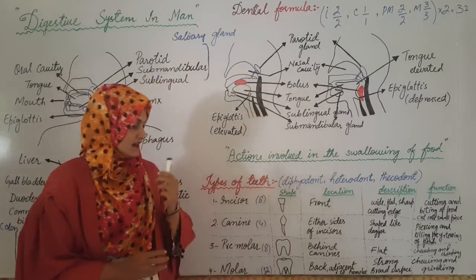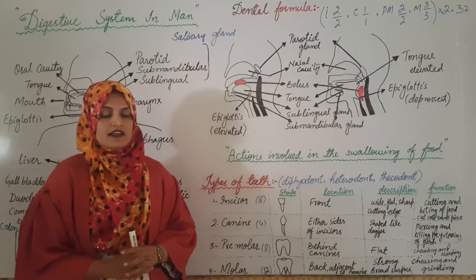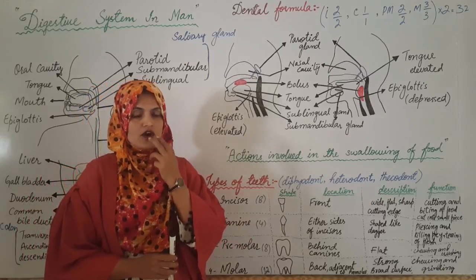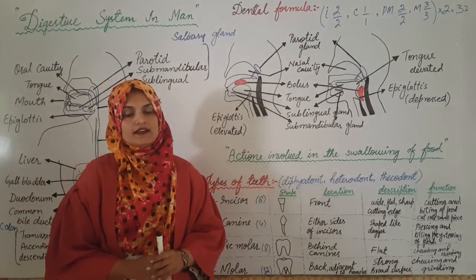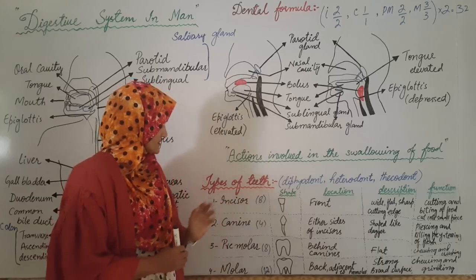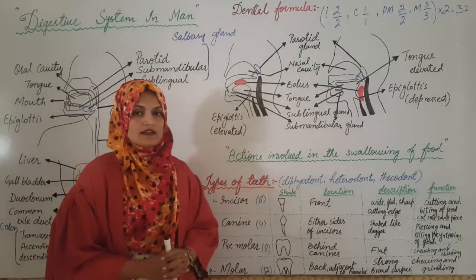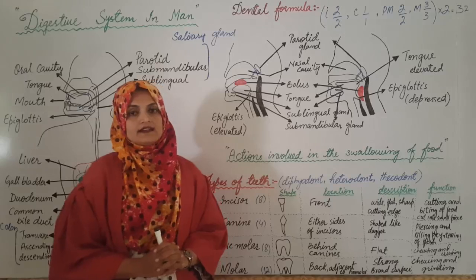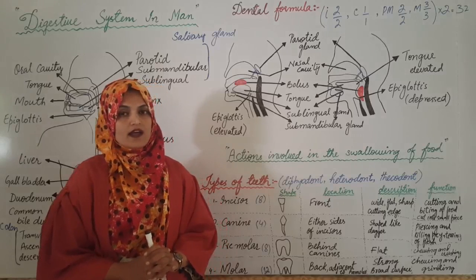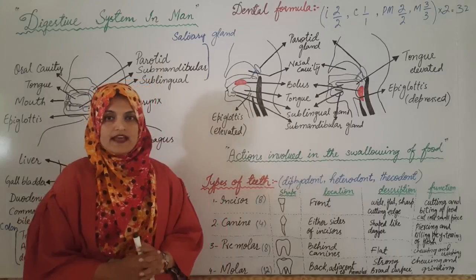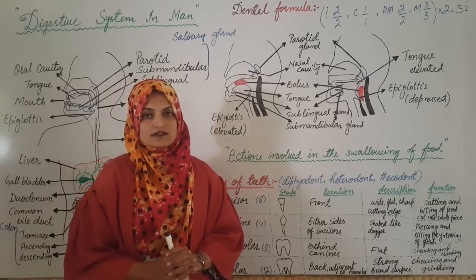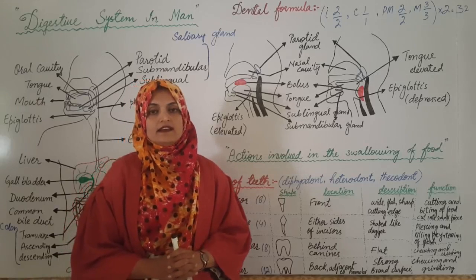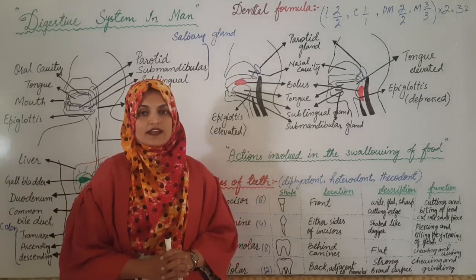After incisors, canines are present, 4 in number, 2 on the lower jaw and 2 on the upper jaw, behind the incisors. These teeth are not well developed in man, but are well developed in carnivores like lions and dogs, helping in piercing and killing the prey as well as tearing their flesh.